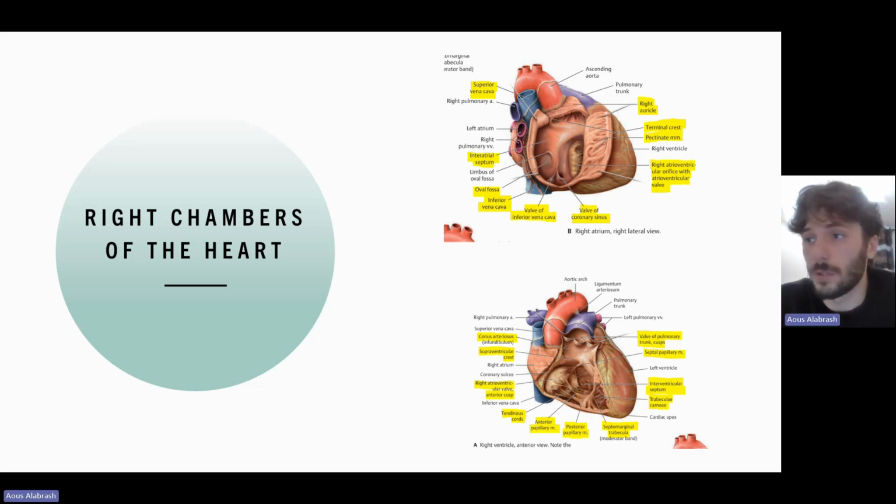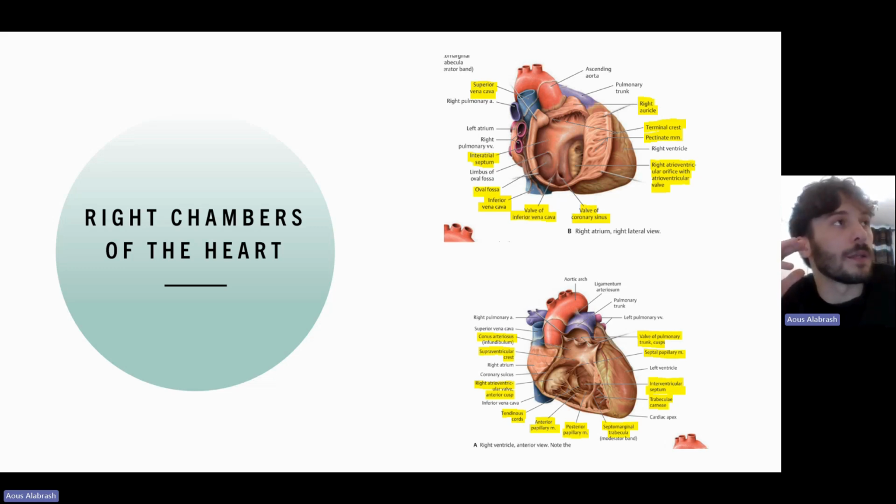So we talk about the superior and inferior vena cava, and then we have the interatrial septum, which, as the name implies, is in between the left and the right atria. In the interatrial septum, we have what's known as the oval fossa. Why is the oval fossa clinically significant?